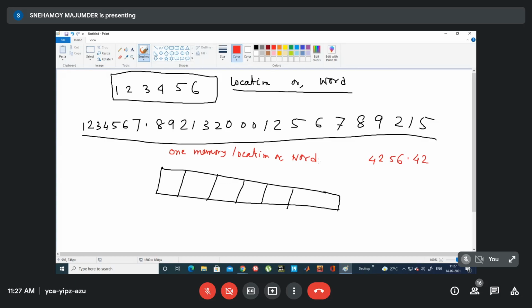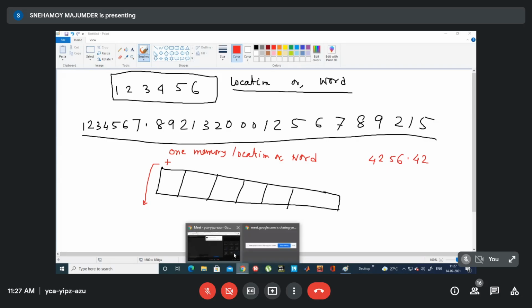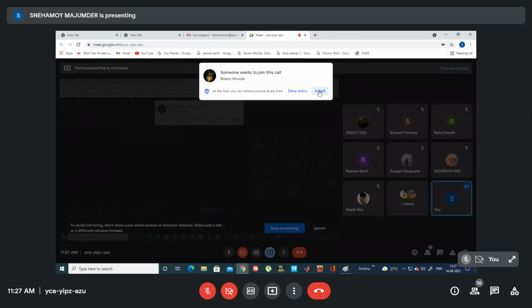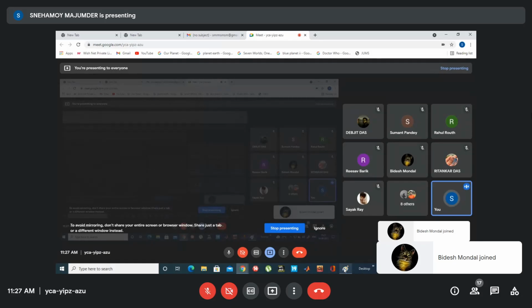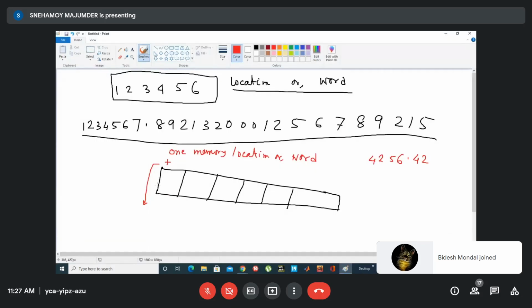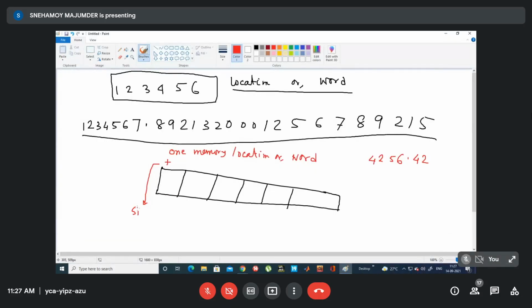So here it is plus, that is the sign of the number. And then 4, 2, 5, 6, and this is the decimal point.